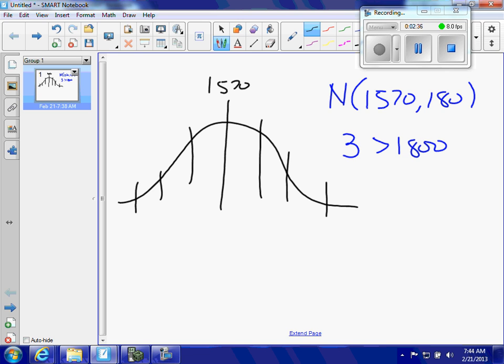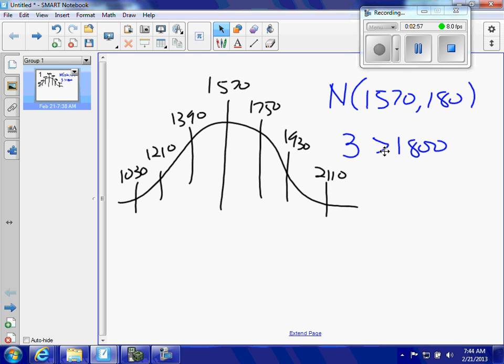My standard deviation is 180, so this would be 1750, this would be 1930, and this would be 2110. Going negative, I have 1390, 1210, and 1030.